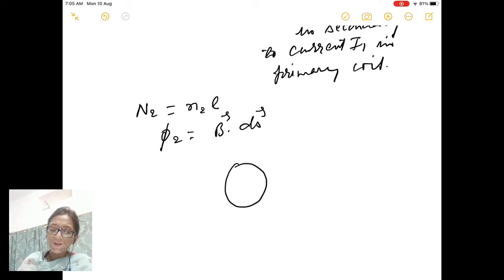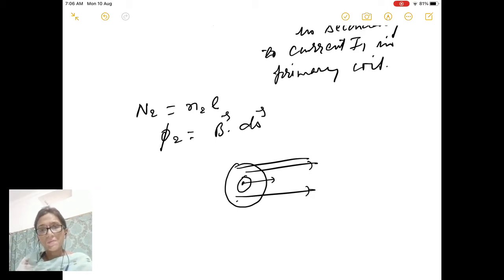This is the surface area, ds area. So you can see that you have two surface areas, one inside the inner solenoid and one outside the inner solenoid. Outside there is no magnetic field. In theory you have zero magnetic field outside the solenoid.